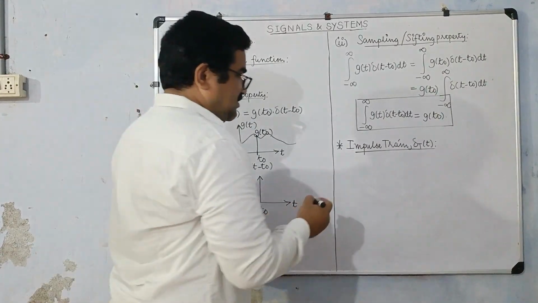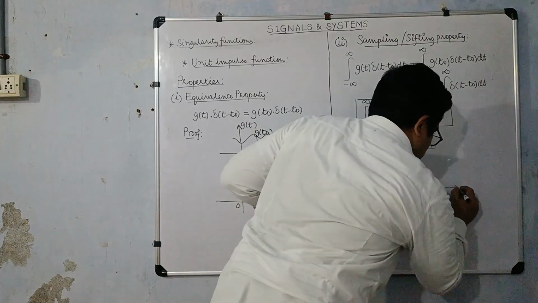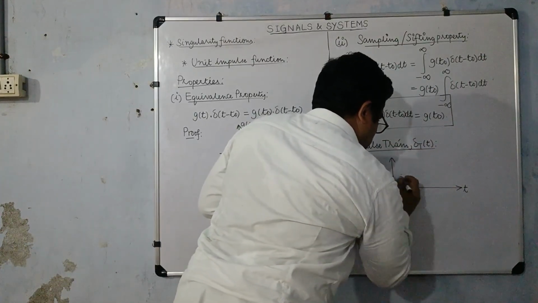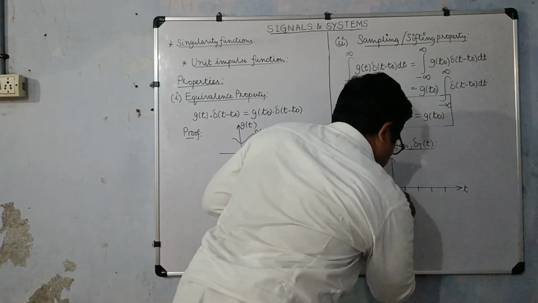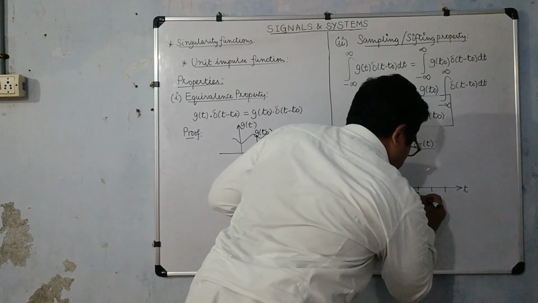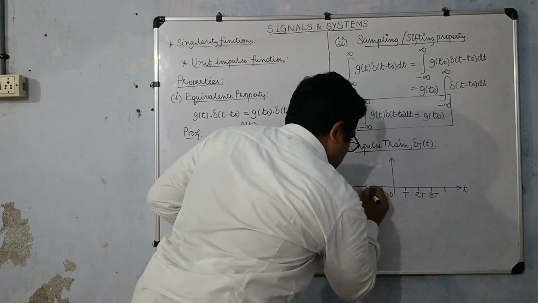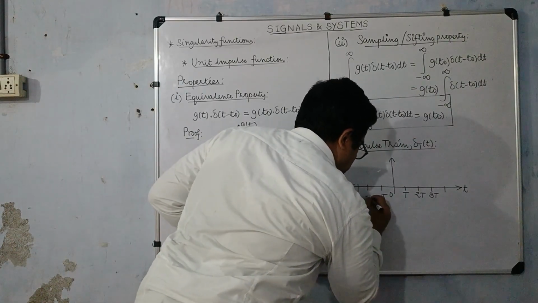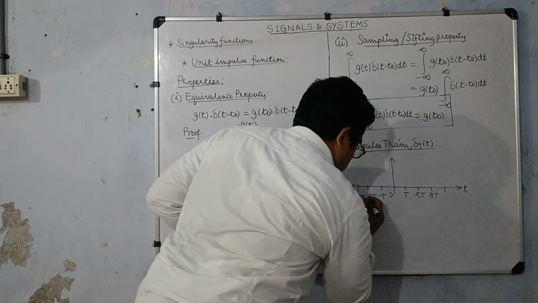So impulse train is nothing but a unit impulse, and I am repeating this unit impulse every capital T seconds. Okay, this is 0, T, 2T, 3T, and so on. On the negative side, minus T, minus 2T, minus 3T, and so on.